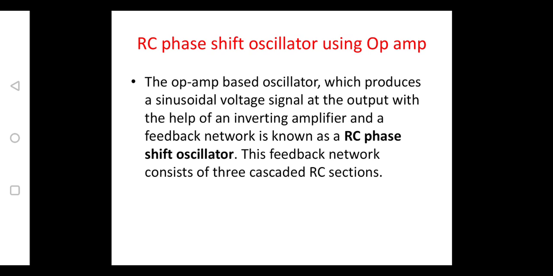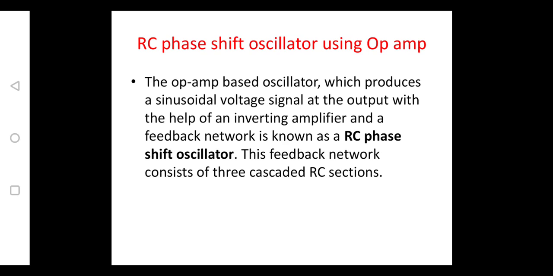The first condition which the oscillator should satisfy is that the complete circuit should have either 0 degrees or 360 degrees of phase shift. Because of this tank circuit, we'll be getting 180 degrees of phase shift.